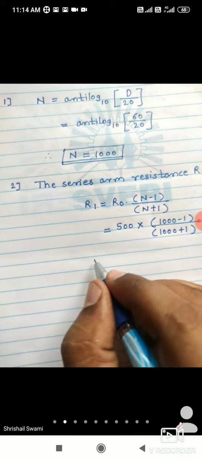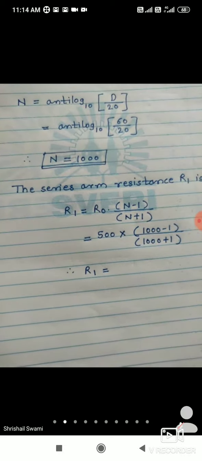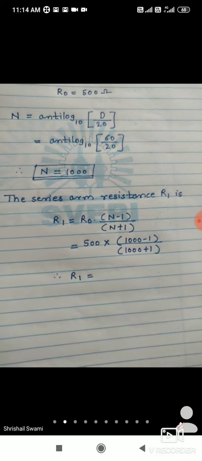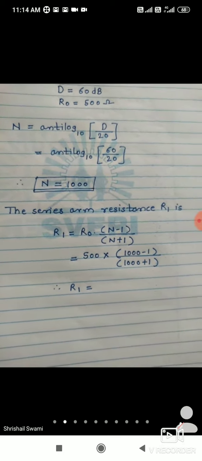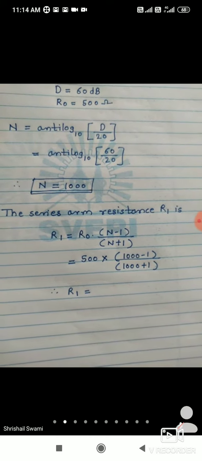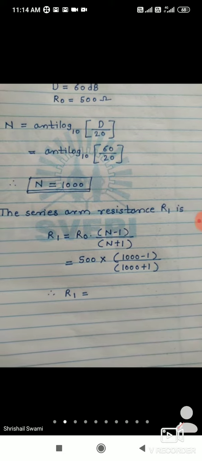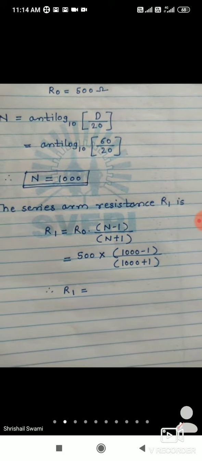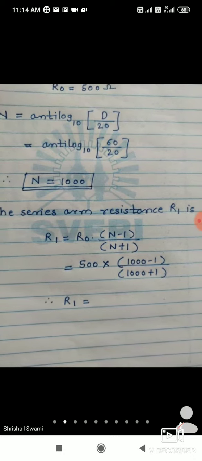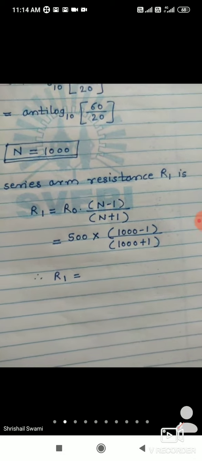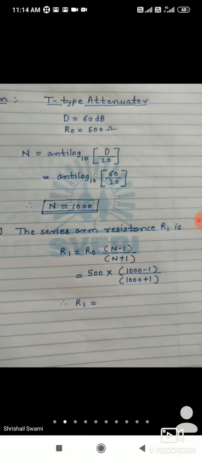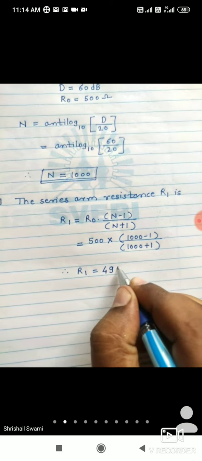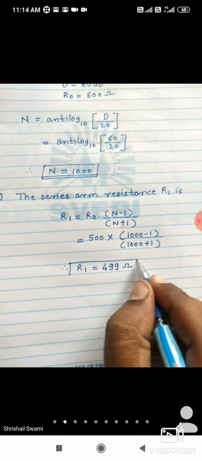Take calculator and tell quickly. R1 is equal to 500 into 999 divided by 1001. What did you get? Yes, that is 499 ohm. That is the answer of R1.